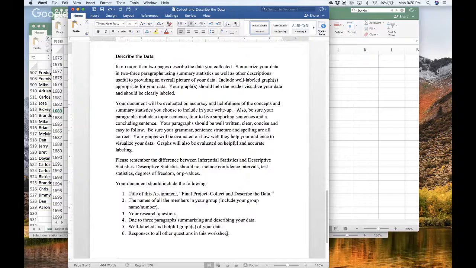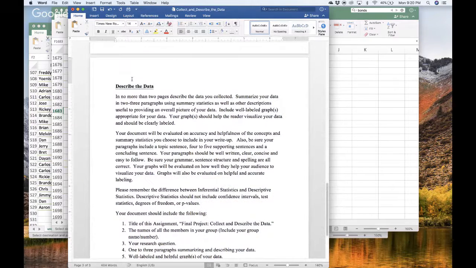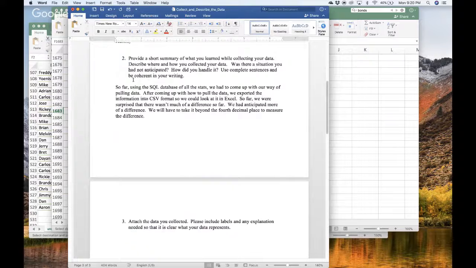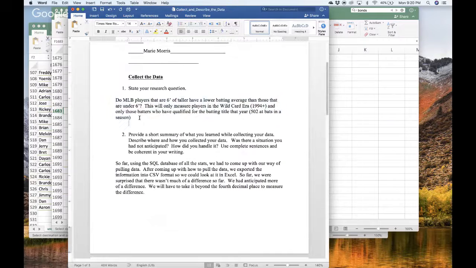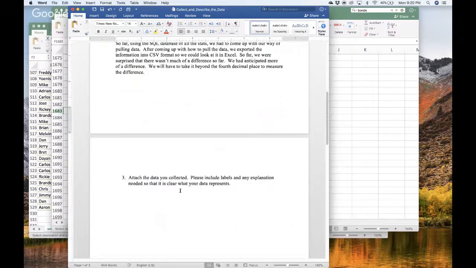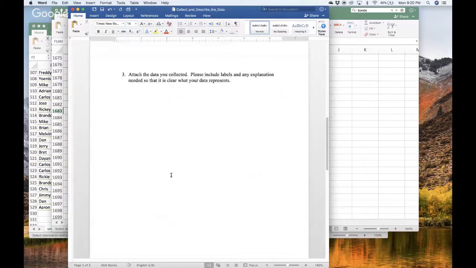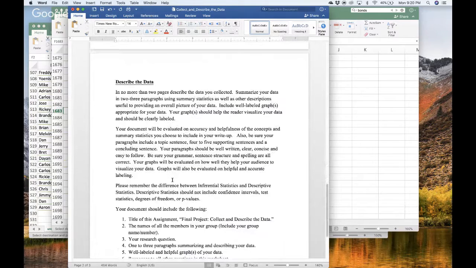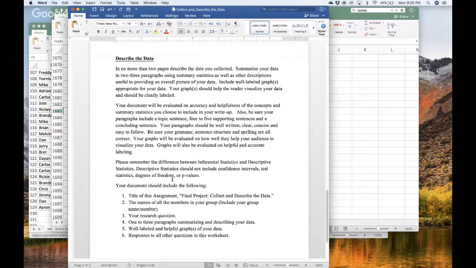Which one is that? The form that we have to fill out? Yes, I was filling out the basic stuff, our question, and a short summary, and then I got to the bottom part, a 2-page summary.